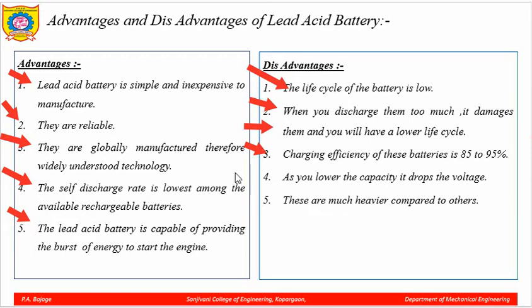As you lower the capacity, the voltage drops. These are much heavier compared to other batteries, so weight is also a drawback. These are generally heavy batteries.